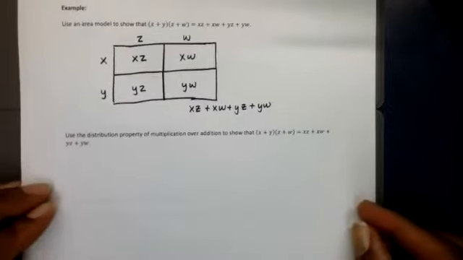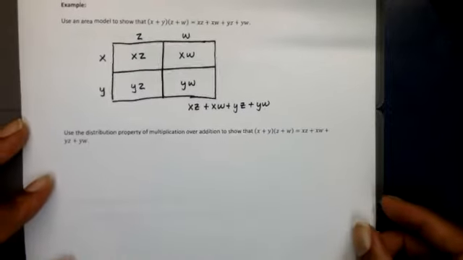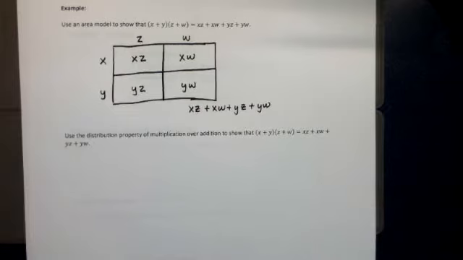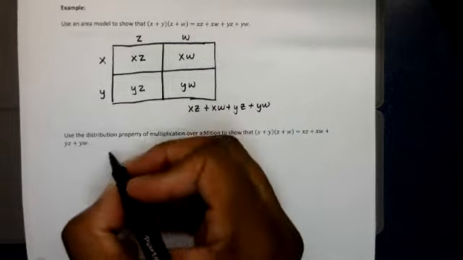And then we can also use the distributive property over addition to show that x plus y times z plus w will equal xz plus xw plus yz plus yw.